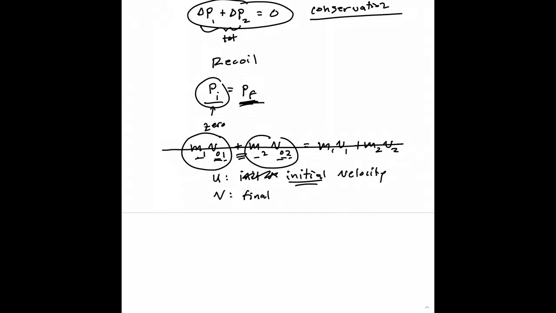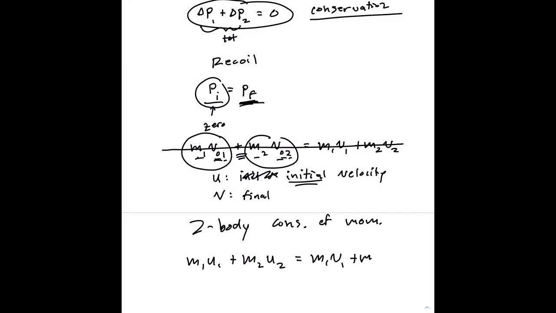So let's rewrite this two-body conservation of momentum equation one more time. We can say m1u1 plus m2u2 has to equal m1v1 plus m2v2. Of course, in this case, these are both equal to 0.